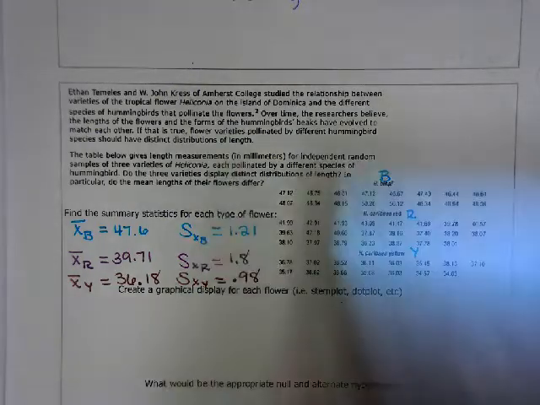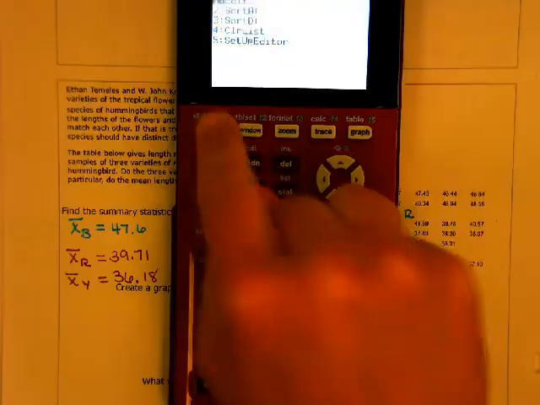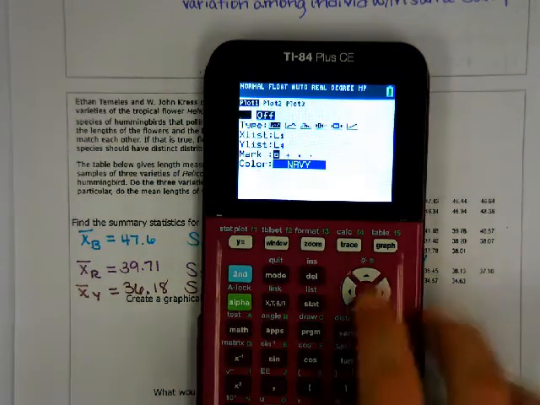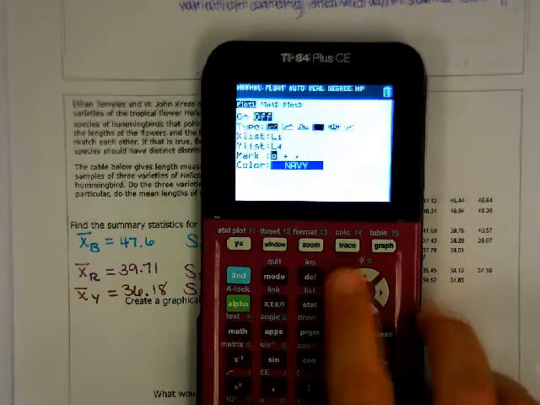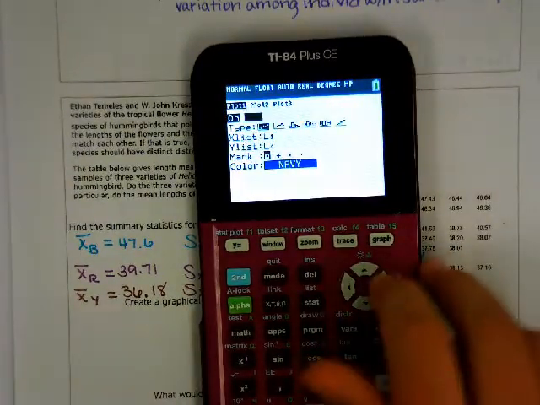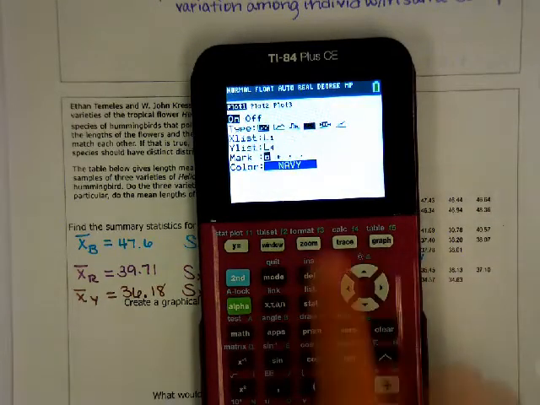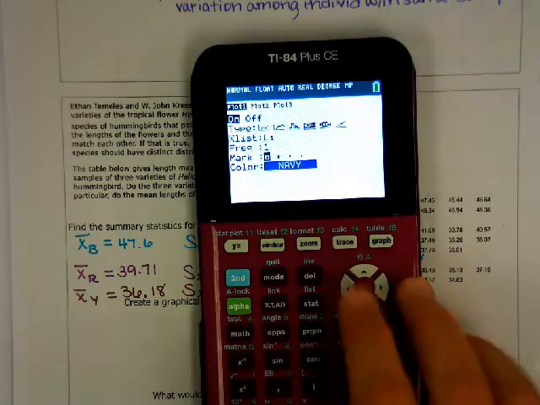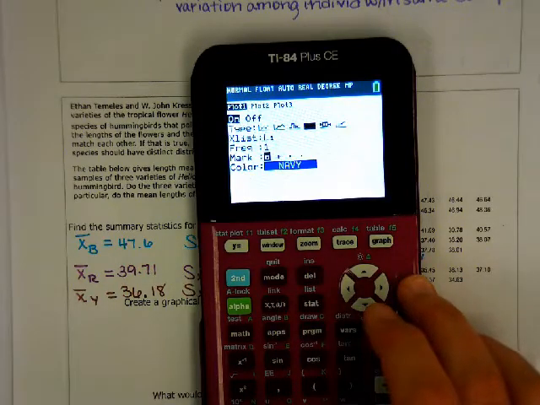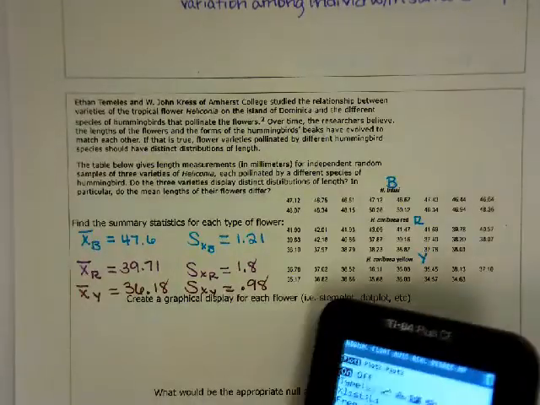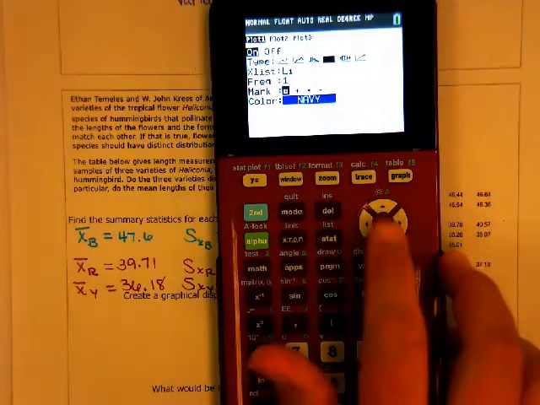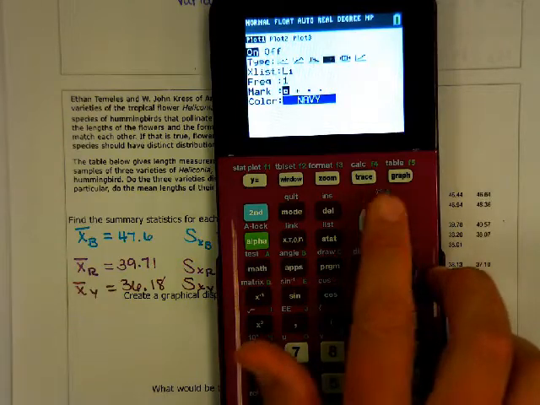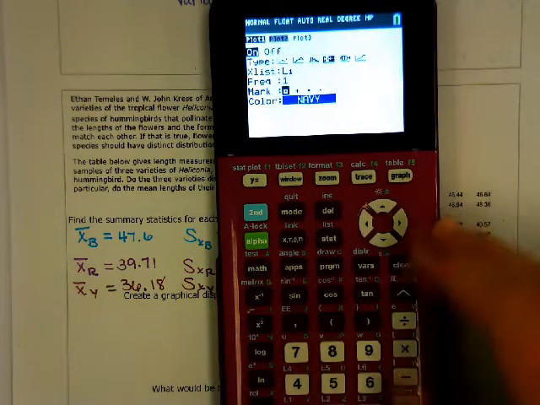Second, Y equals. Go into Plot 1. Make sure you turn it on. Choose the first box plot because it'll show you outliers. You really could use any of them, but the calculator will do the box plot for you. What's the frequency? Leave it blank, or 1. The default 1.